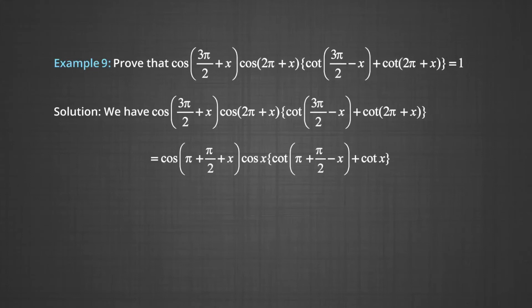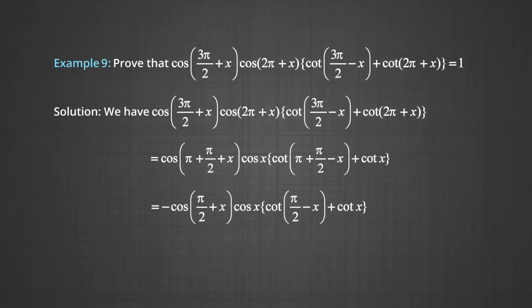3 pi by 2 can further be expressed as pi plus pi by 2. So, this expression can be written as cos of pi plus pi by 2 plus x, cos of x, whole thing multiplied to cot of pi plus pi by 2 minus x plus cot of x.